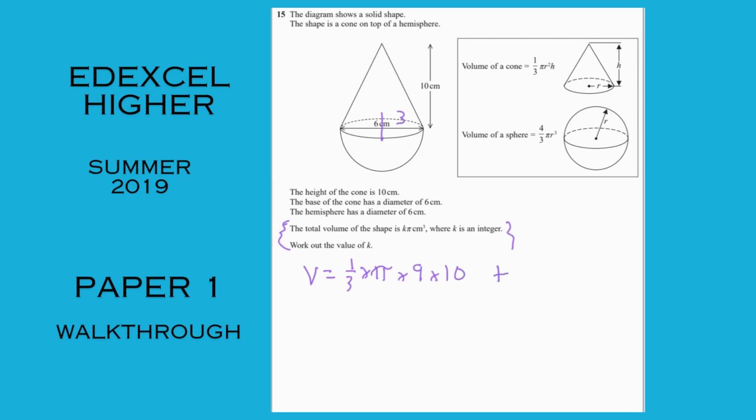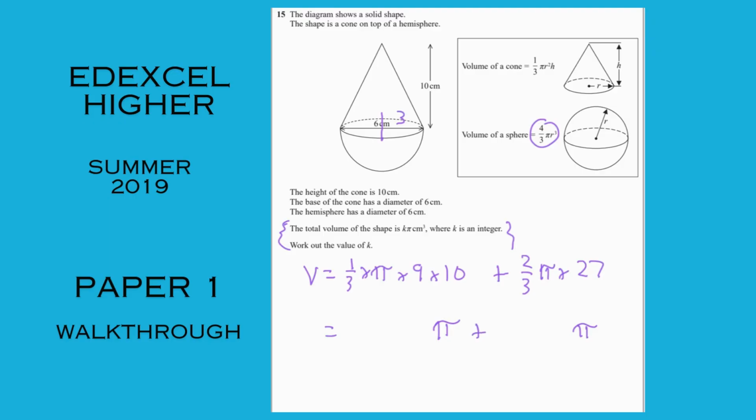And then we've got the volume of the sphere, but because the sphere is 4/3, we'll have it as 2/3, half a size, multiplied by pi, multiplied by the radius, in other words 3 cubed, 27. You can basically ignore the pi, just tidy it up.